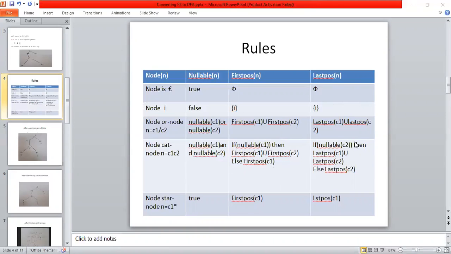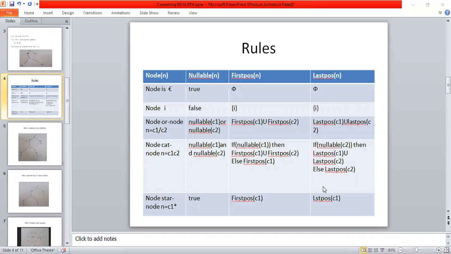Similarly, for the last position, if the right child is nullable, then last position of C1 union last position of C2. Otherwise, directly write last position of C2. And if the node is a star node, its first position is first position of C1 and its last position is last position of C1. So this is about the rules to construct first position and last position.